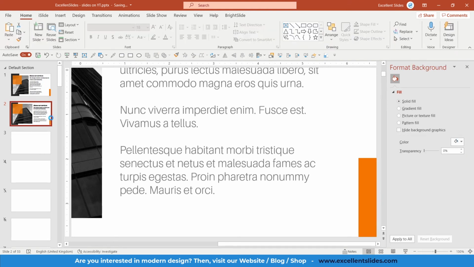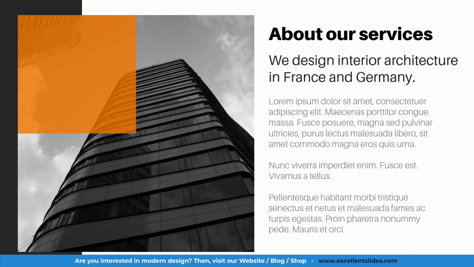Now the difference: this is the slide without the rectangle, and this is the slide with the rectangle. It's just a subtle difference, but I think it's worth having it there, because we used black colors, here we used some orange, and it is good to add another object with this orange fill.